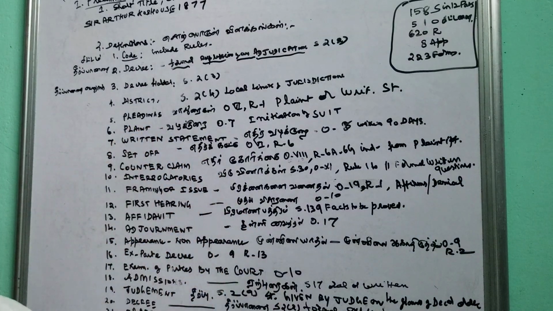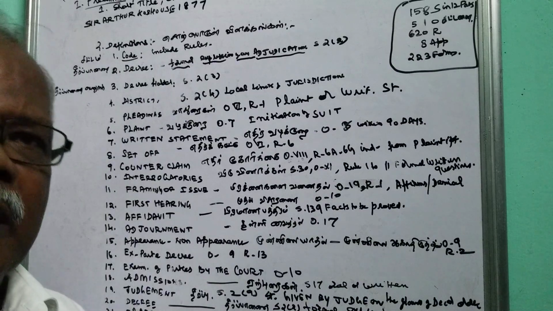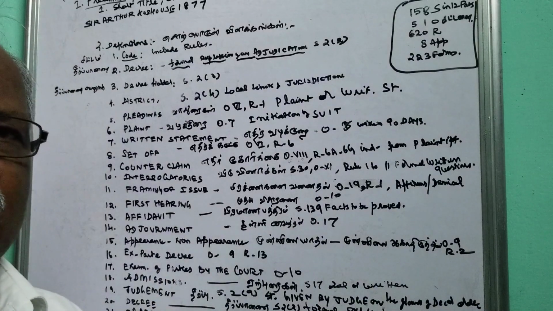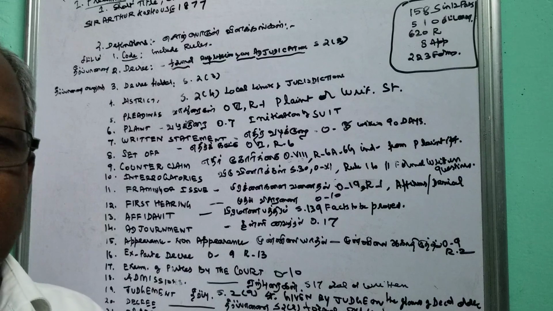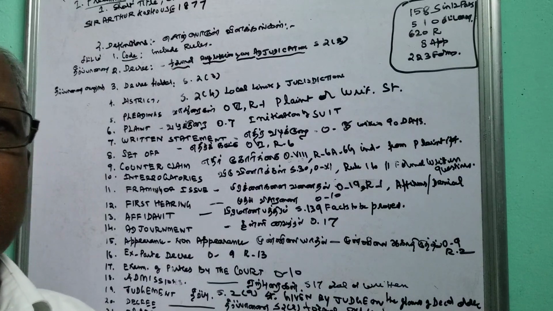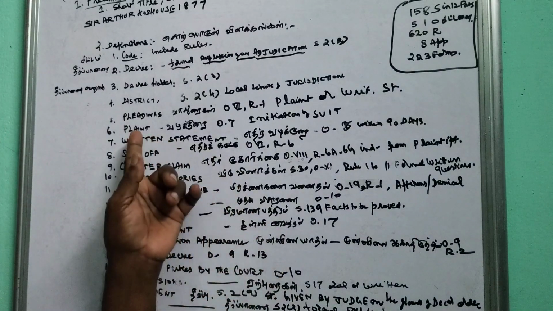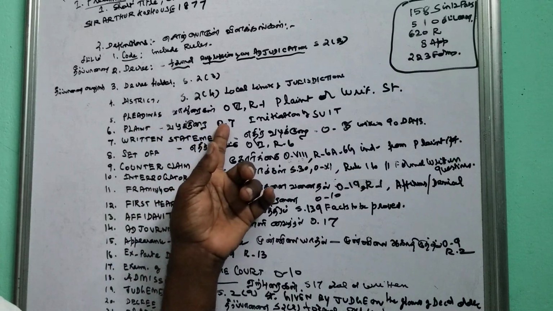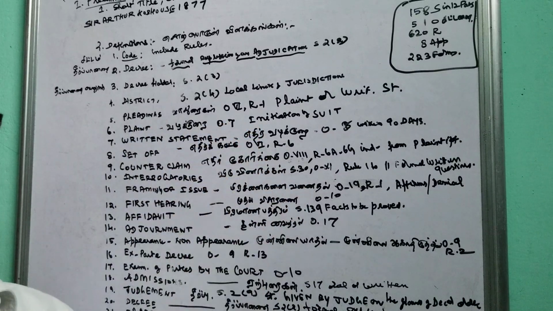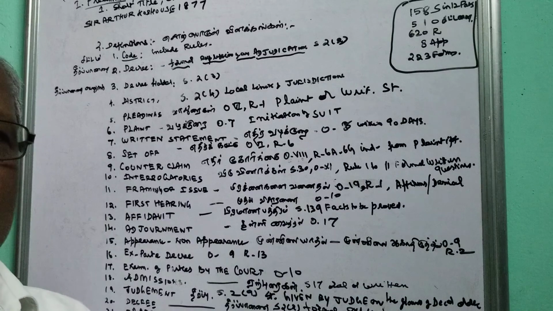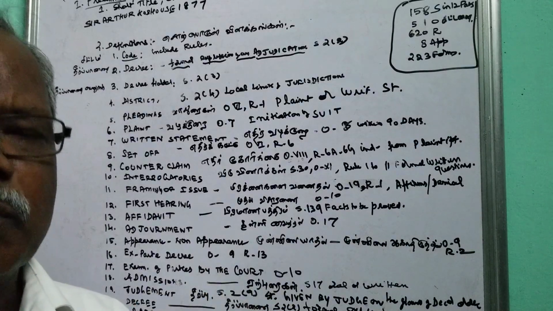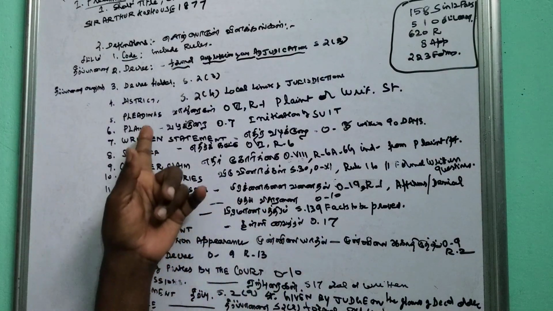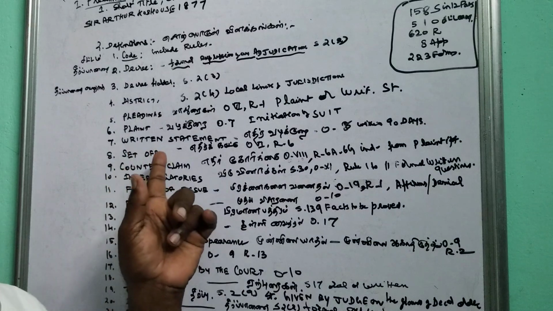The statement given by the plaintiff to the court for establishing his rights is known as the plaint, according to Order 7. It is otherwise called institution of suit.